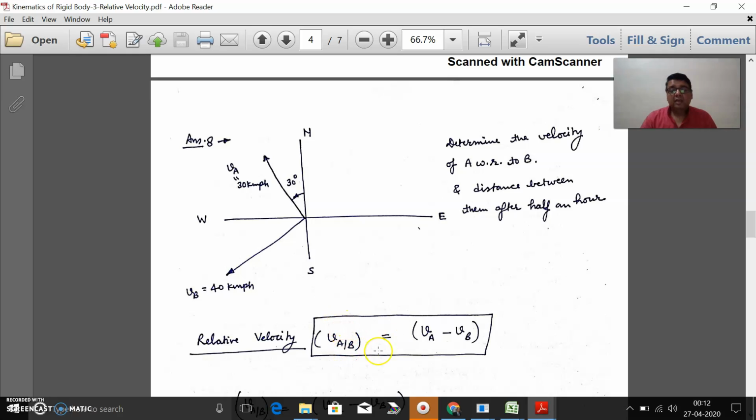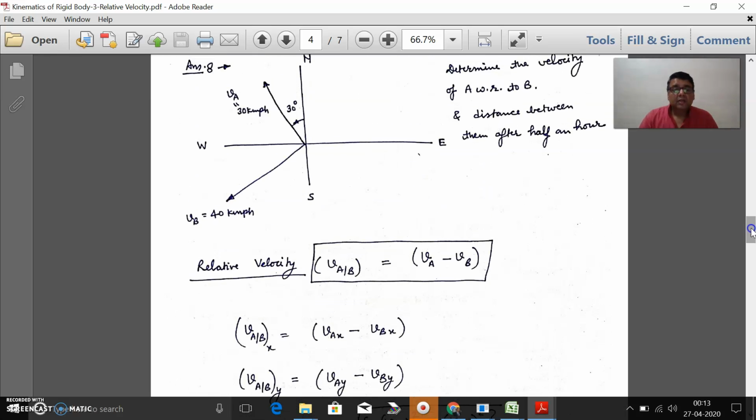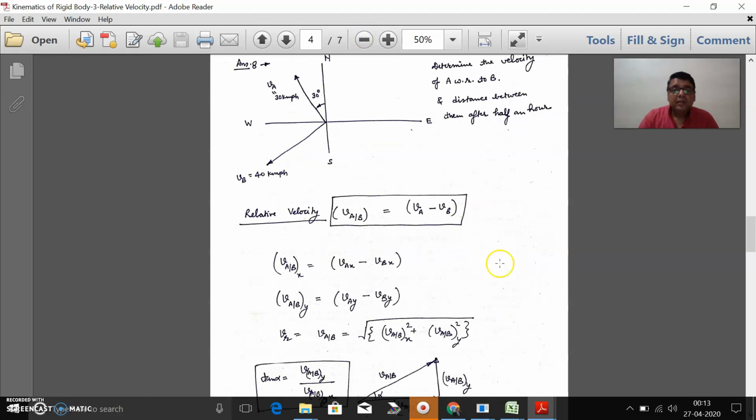So velocity of A with respect to B. Those who wish to go into the Navy will make use of all these concepts very rigorously during their practical life, right? Okay, let us try to solve it. Whatever we did in that earlier case, we will do the same in this case also.